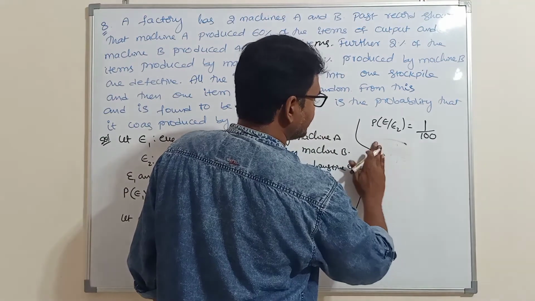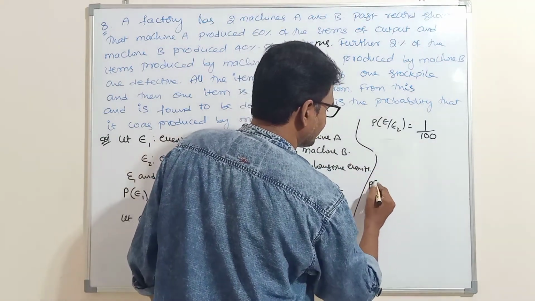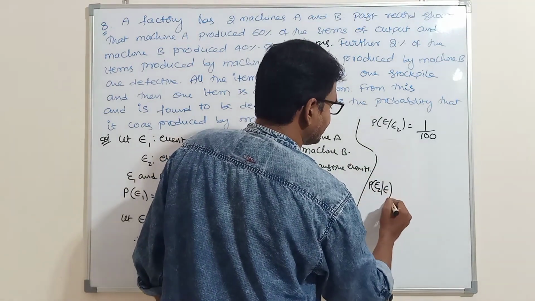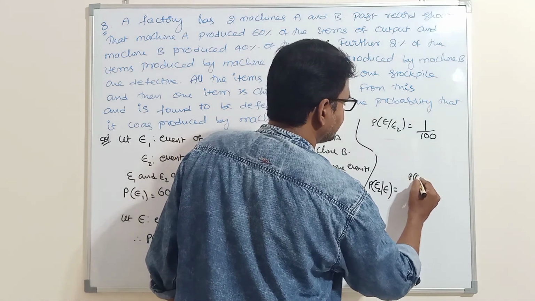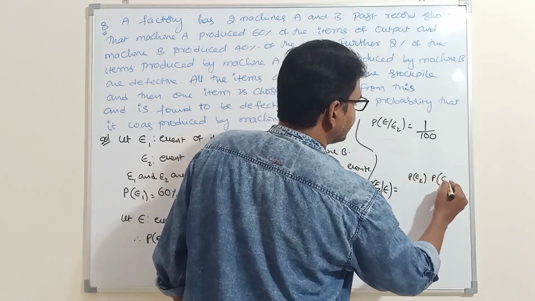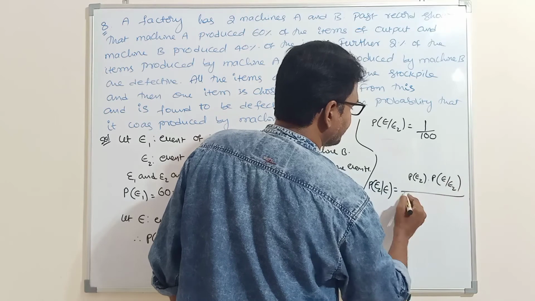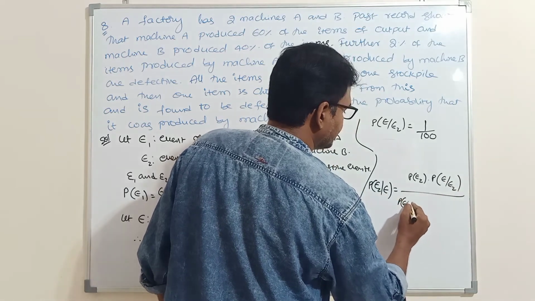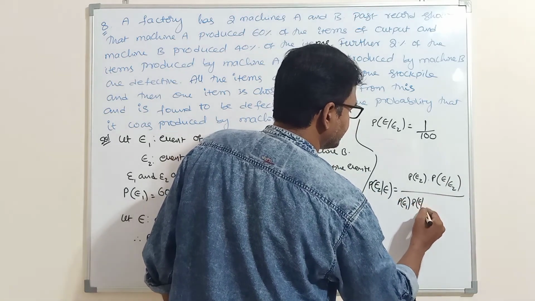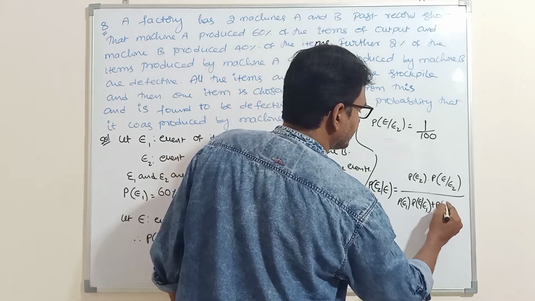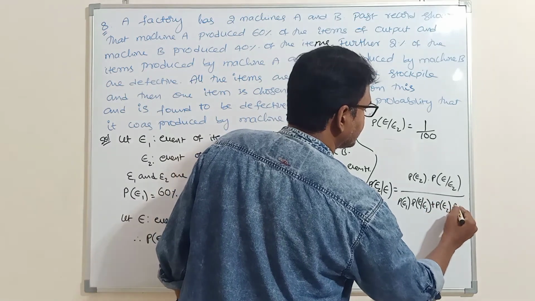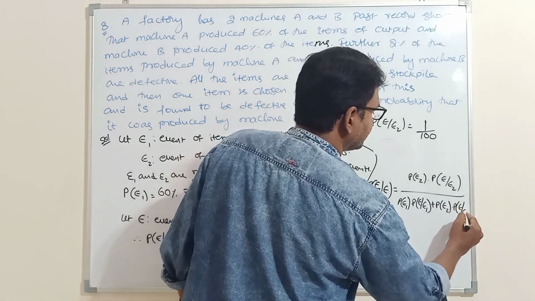So P of E2 given E is equal to P of E2 into P of E given E2, divided by P of E1 into P of E given E1 plus P of E2 into P of E given E2.